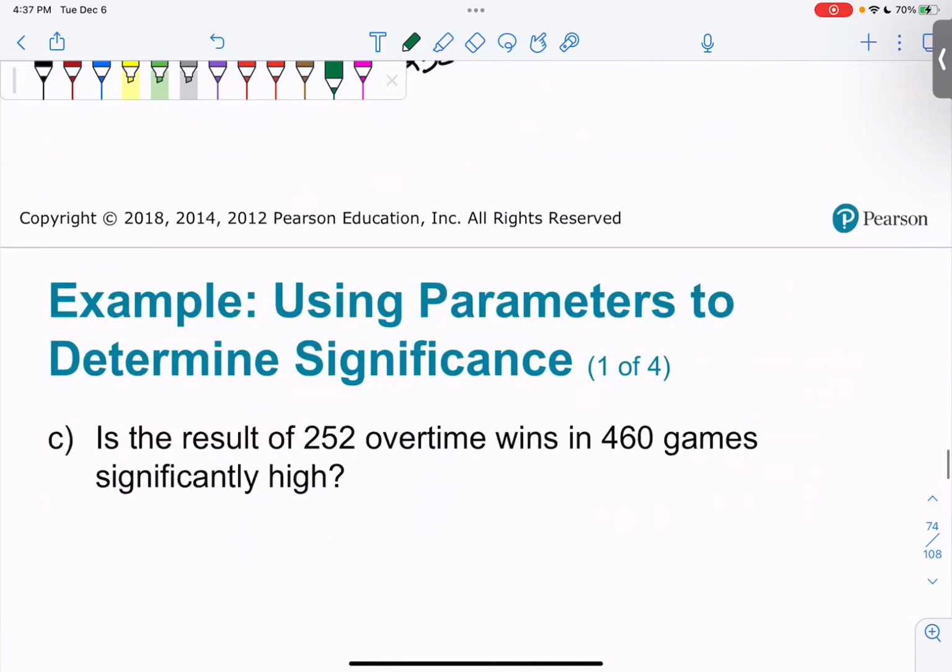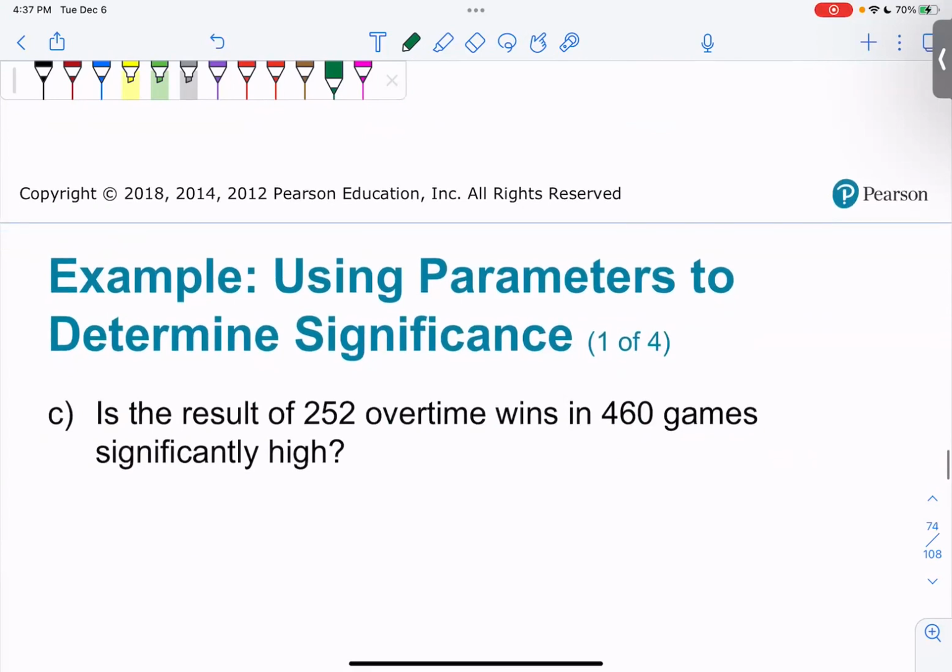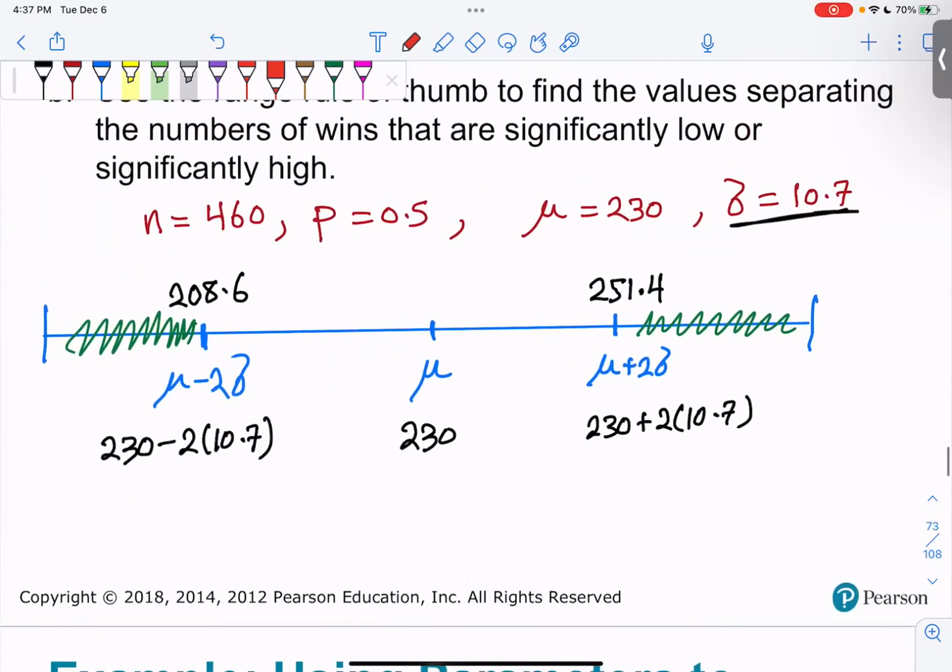Okay. So now they're asking, is the result of 252 overtime wins in 460 games significantly high? So they're asking about this one, 252. Just come here and check. 252 is somewhere here, right? Then yes, 252 is a significantly high number. Why?